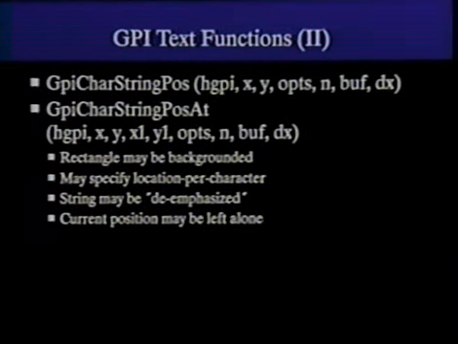These text character string primitives, functions, are used, they're incredibly overloaded. And they're used, for example, to say, well, gosh, alrighty, take the background rectangle that I've got here and change it to a pattern and then put the text down. You may specify an actual character origin location per character if you wish. You can de-emphasize the string to, say, unhighlight it, as, for example, in a de-emphasized menu item or an unselectable menu item.